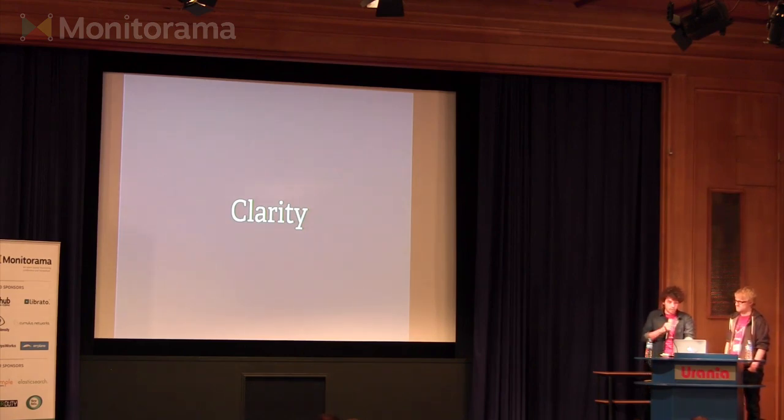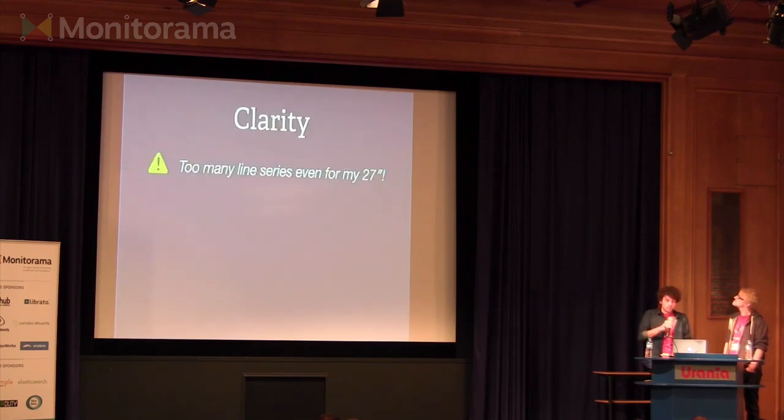So the problem we had with clarity is that most often we look at displays with graphs which have too many line series and they don't even fit big screens. So the problem is we have limited space, the screen size is not that big sometimes, and we have to fit a lot of items in it.